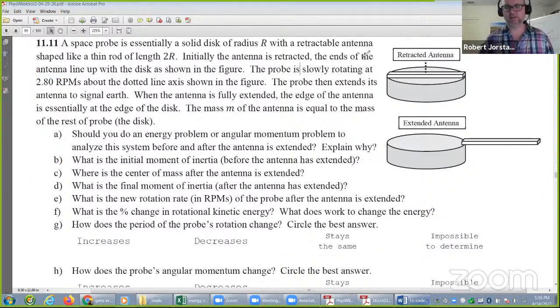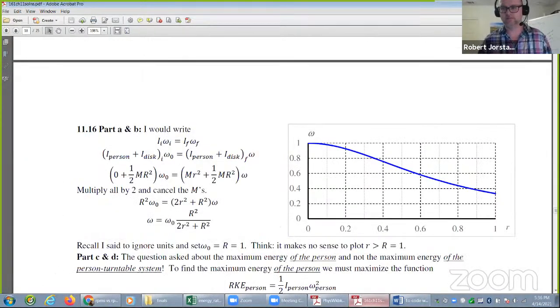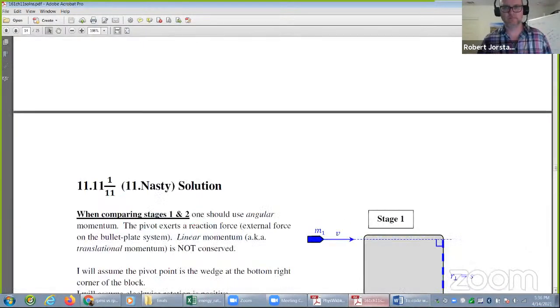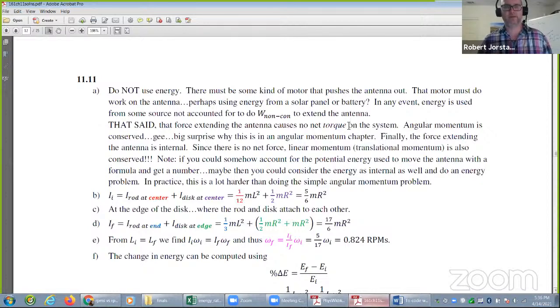So let's take a look in the solutions and see what happens here. This is 1111. Okay. So if you care about that energy statement, here it is.